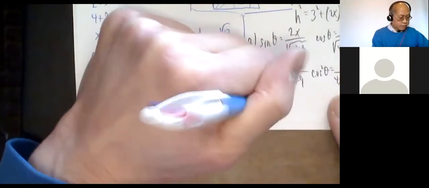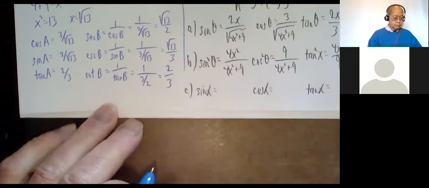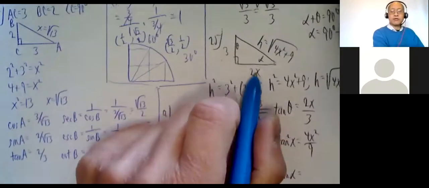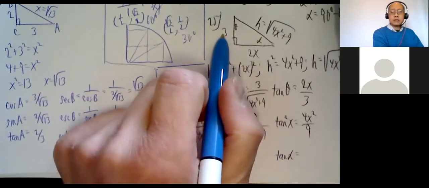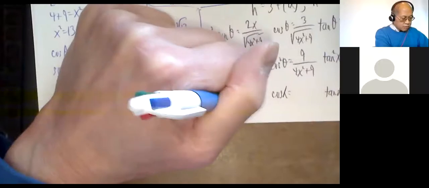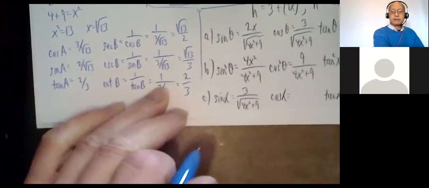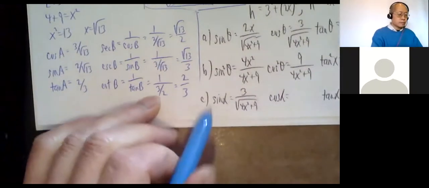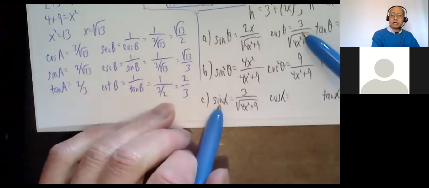So sine alpha, cosine alpha, tangent alpha. So here's alpha. Sine is opposite over hypotenuse, 3 over radical 4x squared plus 9. Or alternatively, notice here what we said. Sine of alpha is the same as cosine of theta.